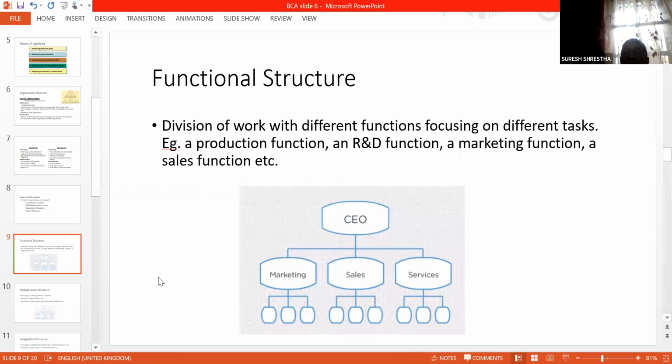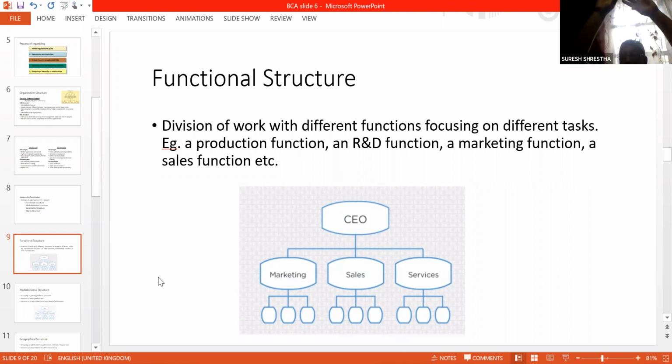So on the basis of their specialized work, you will have departments. And within each department, then the people specialized in that work will be working for that specialized job. Your marketing ma yo sabai marketing related people haru काम गरेको हुन्छ, sales ma sales related, services ma services को काम गर्नेहरु चाहिँ नि यसरी बसेर काम गरिरहेको हुन्छ and these are horizontally differentiated functions. यसरी structure गर्न सकिन्छ organization मा.